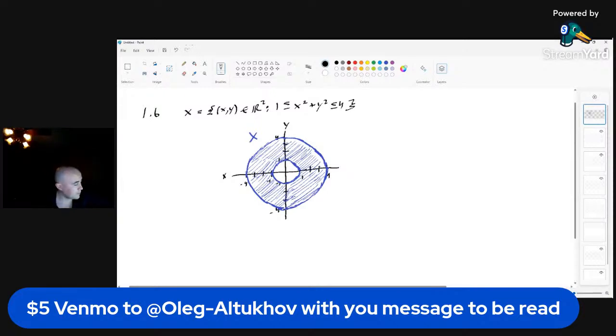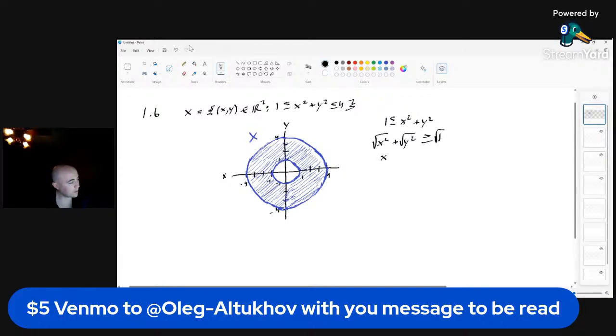Okay, let's take this one. All right, so let's write it this way: the square root of x squared plus y squared is going to be greater than, I just flipped around the order, root 1.